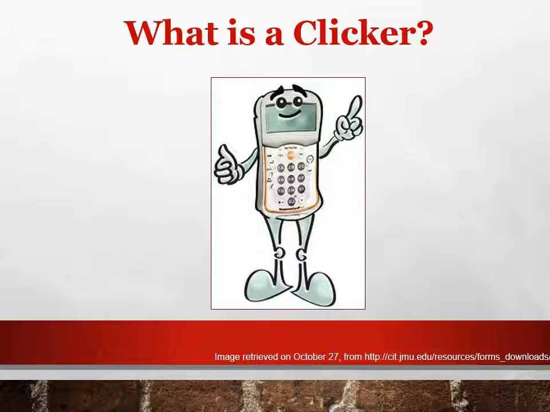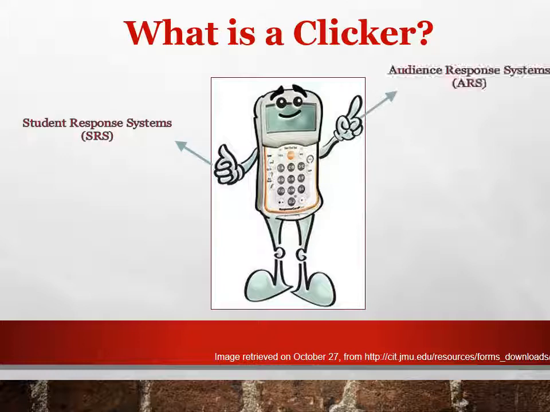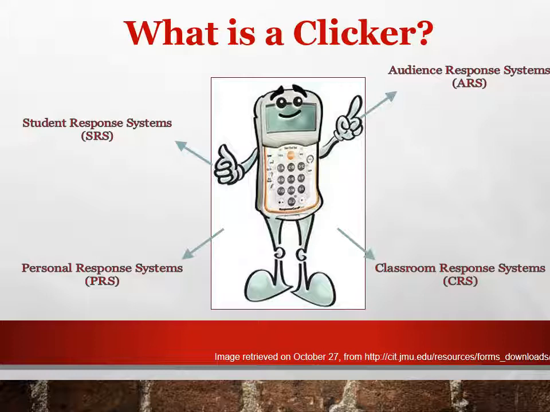Clickers are also known by the following names: Student Response Systems, SRS, Audience Response Systems, ARS, Personal Response Systems, PRS, and Classroom Response Systems, CRS. So remember, it looks like a TV remote control. We are all familiar with those, aren't we? Oh, sorry, ladies. That is those who get to see it once in a while.